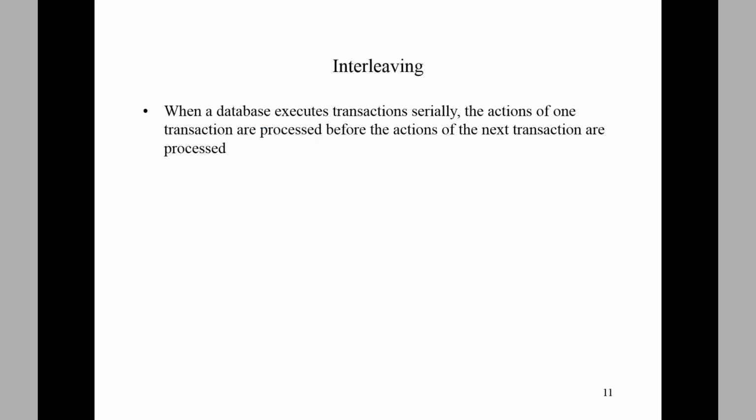When a database executes transactions serially, that is, one at a time, the actions of one transaction are processed before the actions of the next transaction. The benefit to this approach would be consistency is guaranteed. However, it's not practical in a multi-user environment.